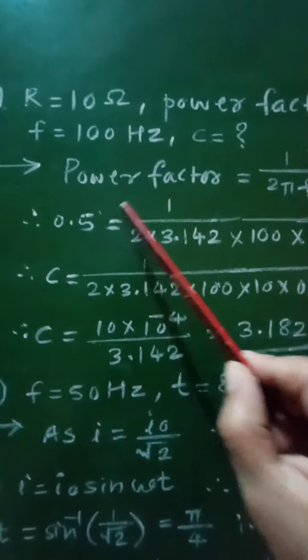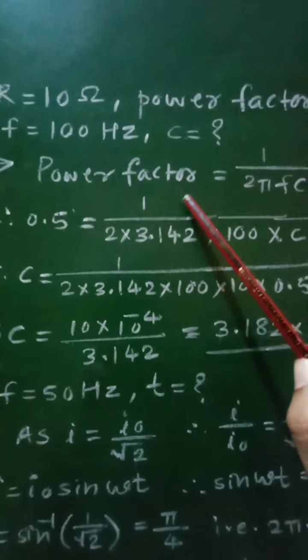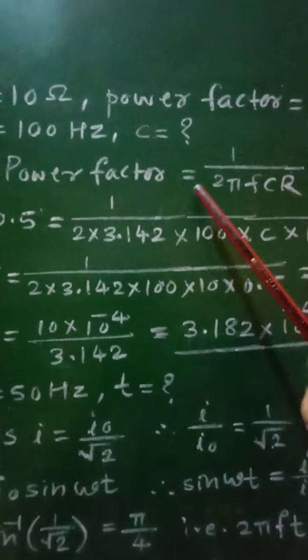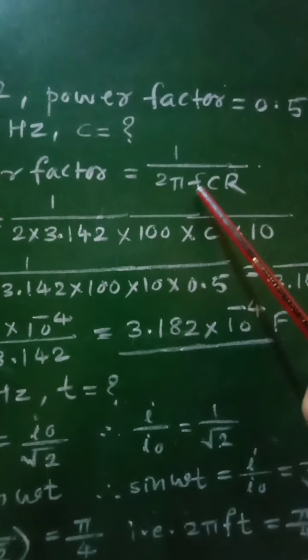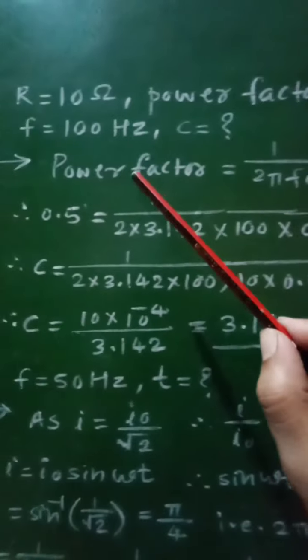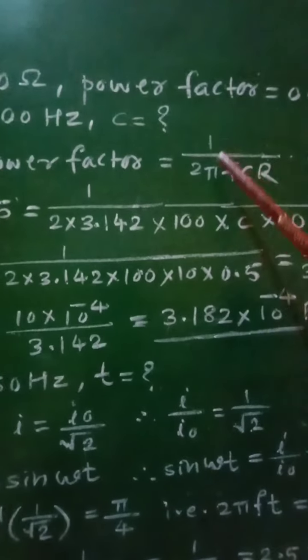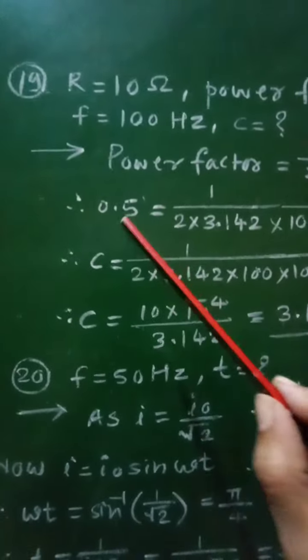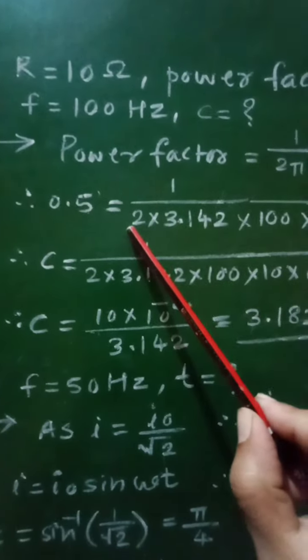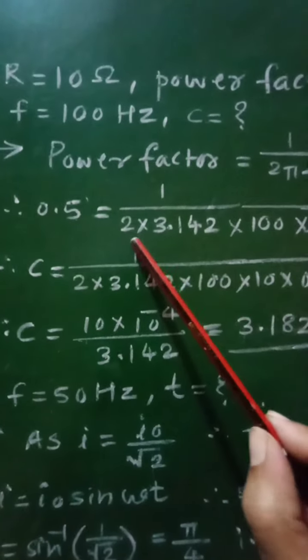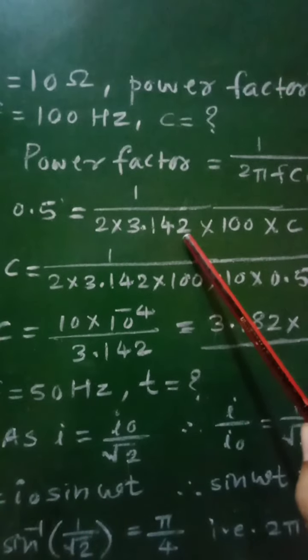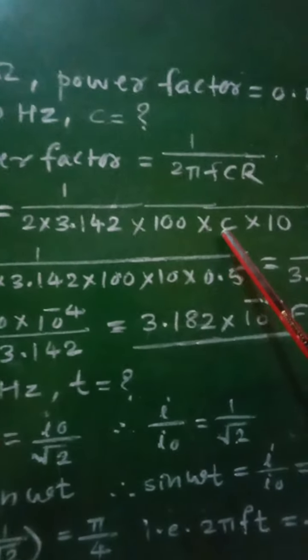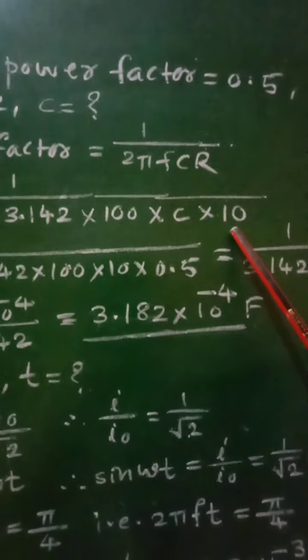Then we know that power factor of the AC circuit is given by the formula 1 upon 2 pi fCR. Putting the values, we will get 0.5 equal to 1 upon 2 into 3.142 into 100 into C into 10.